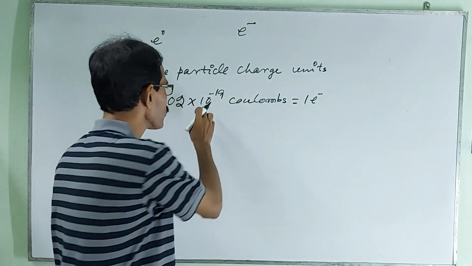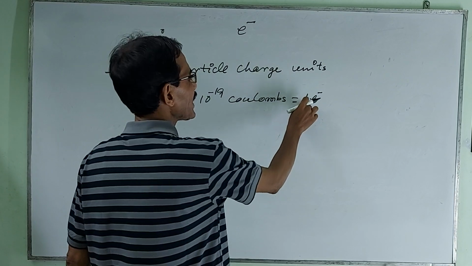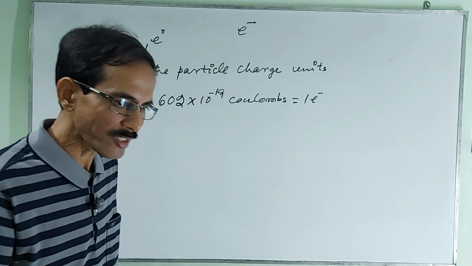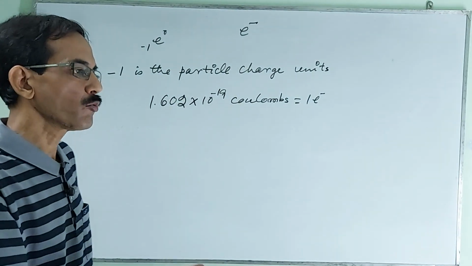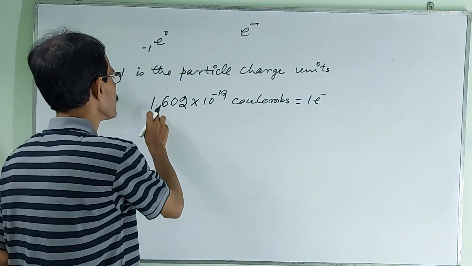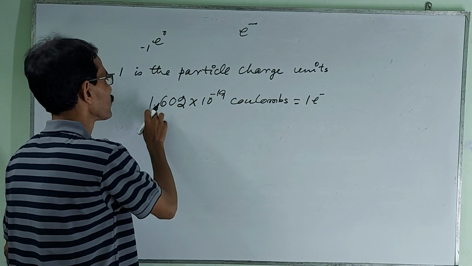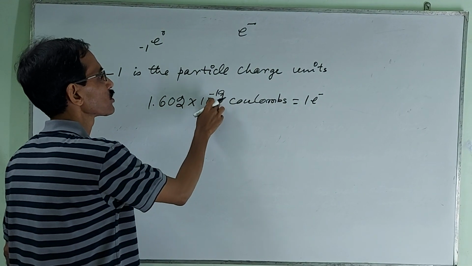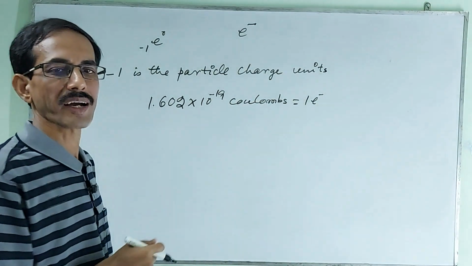When 1 electron is passed through a conductor, how much charge has been passed? This amount of charge, 1.602 into 10 to the power inverse 19 coulombs has been passed.